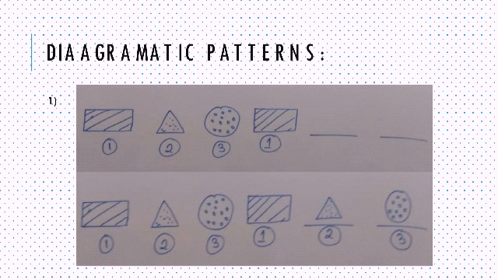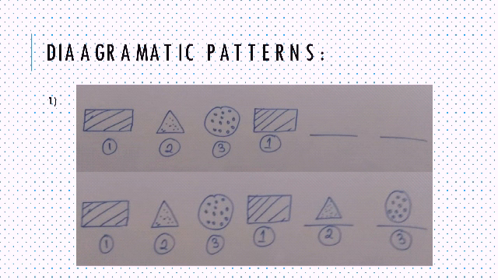So instead of marking the second rectangle as 4, since it is the repetition of the first rectangle, we will mark it 1 only. Now after you mark the rectangle that is coming after the circle as 1, see here a repetition is occurring. First the rectangle, then a triangle, then a circle, then again the rectangle.